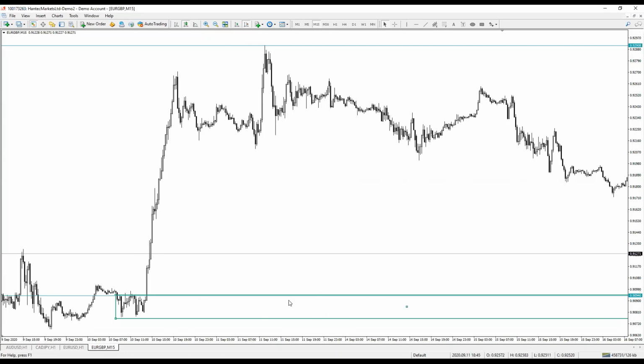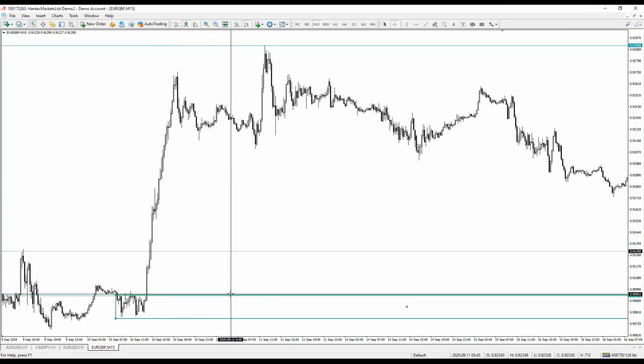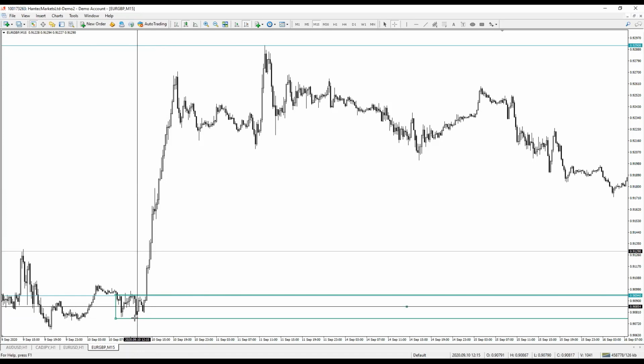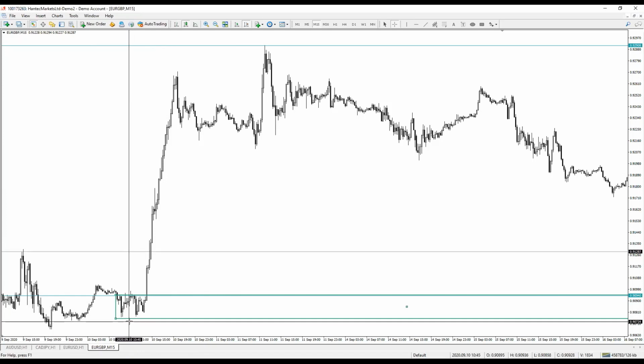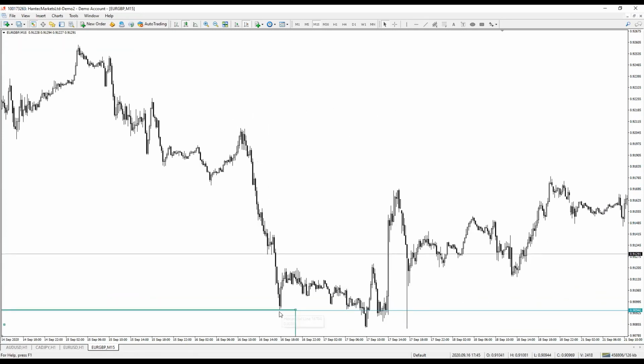What does the demand zone tell us? It gives us almost 80% of our trade plan within just drawing a simple rectangle. We have the entry price where we are going to buy by limit order, and just below the swing we place our stop loss. So we already have our entry and stop loss predetermined before price had made it there.